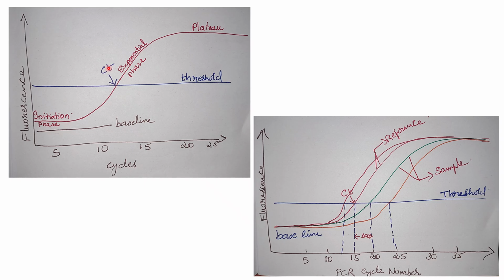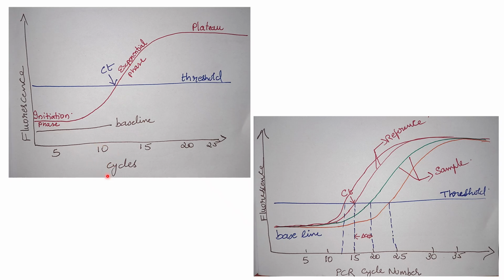Okay, so high target sequence, CT value will be less. It is inversely proportional. High amount of target sequence, CT value will be less.